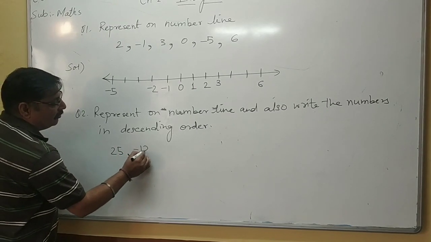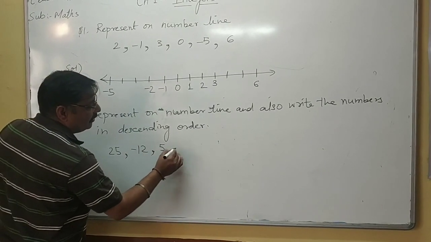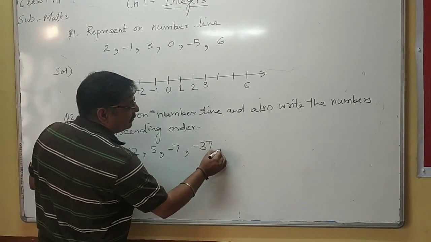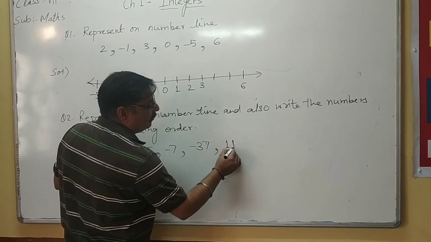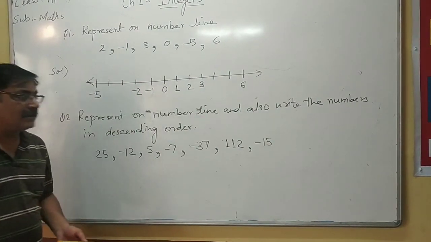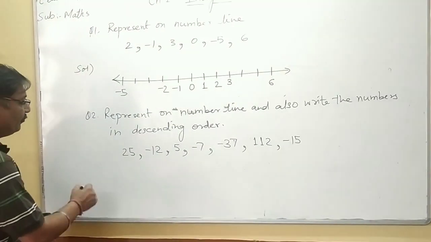So let's take the numbers 25, minus 12, 5, minus 7, minus 37, 112, minus 15. So we want to represent these numbers on the number line.